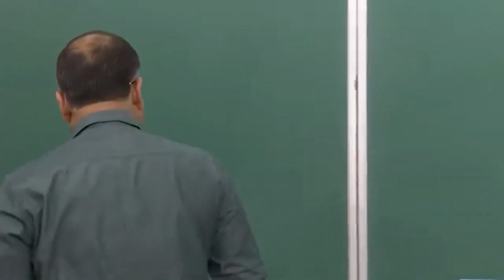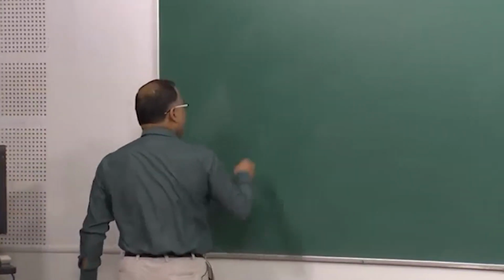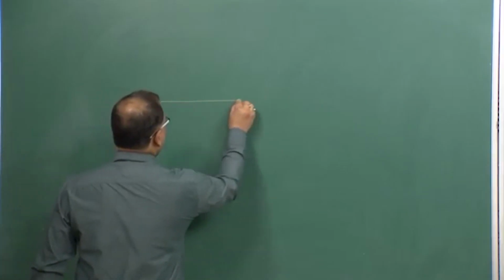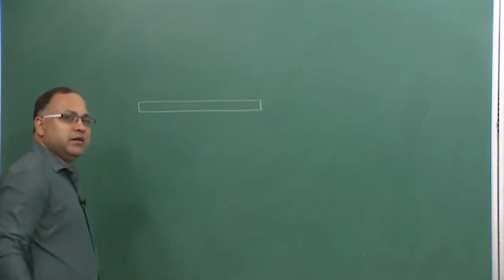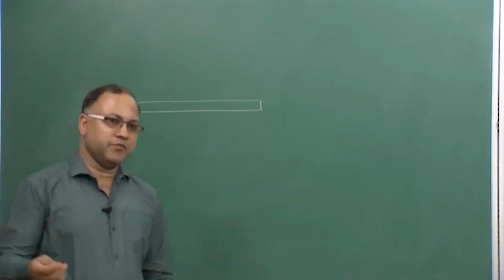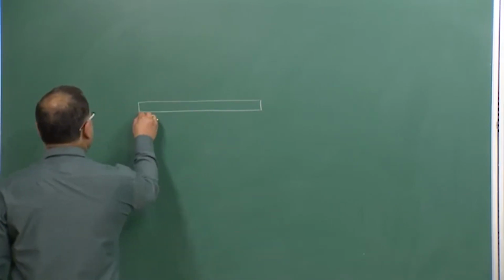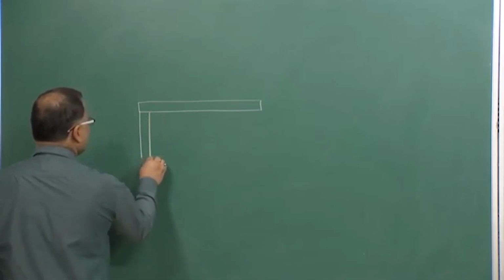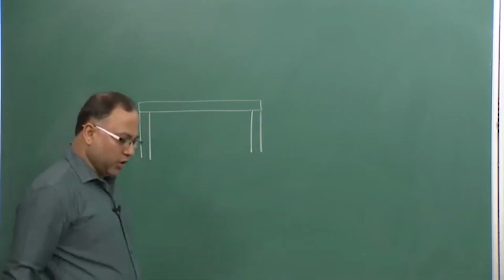Suppose I want to have a beam, which you generally see in different civil engineering structures; that will be supported on, say, columns, right.